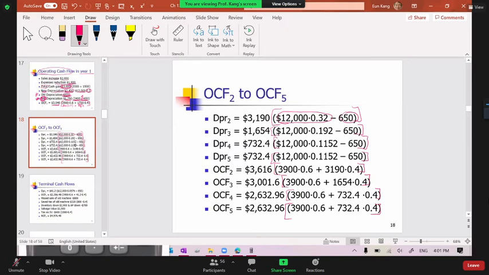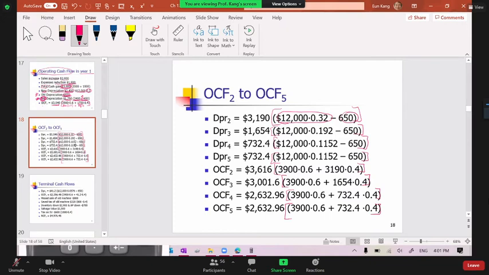So this is an incremental cash flow. In other words, whether your decision affects the cash flow or not, that's very important, right? So your decision affects that cash flow. Why? Because you replace the old machine, you are losing that cash flow. So that is why that is an opportunity cost.